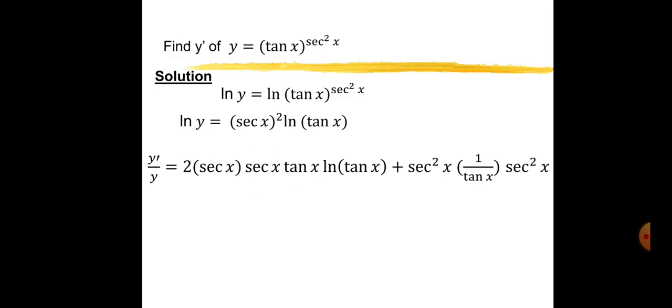And now we have to multiply by the second. So the derivative of the first, which is 2 sec x sec x tan x, times the second, which is ln 10x.